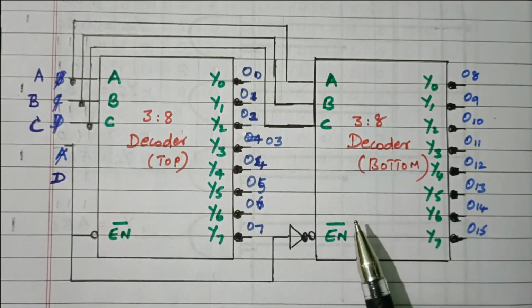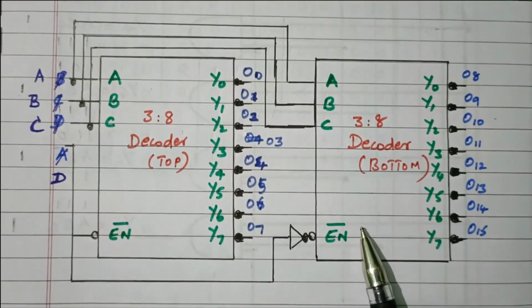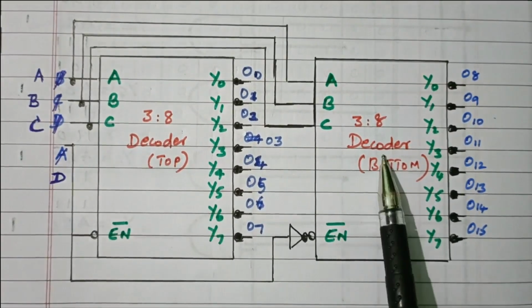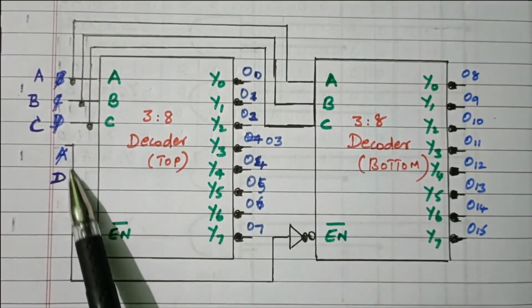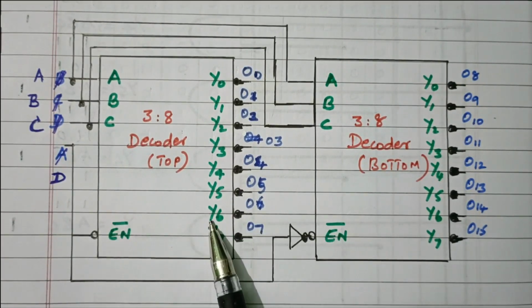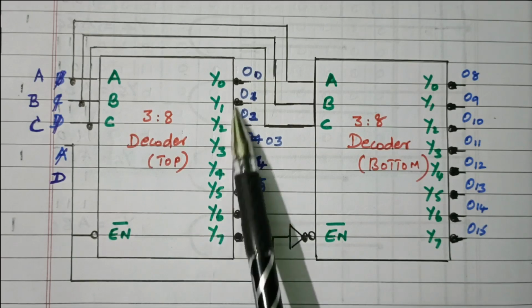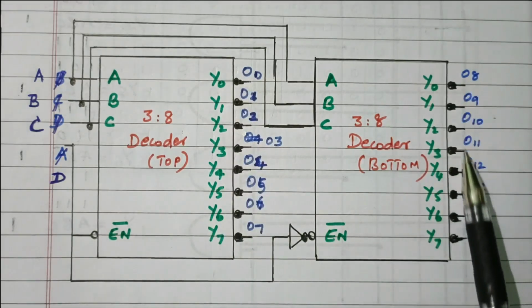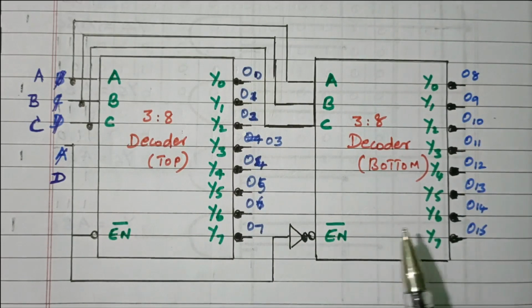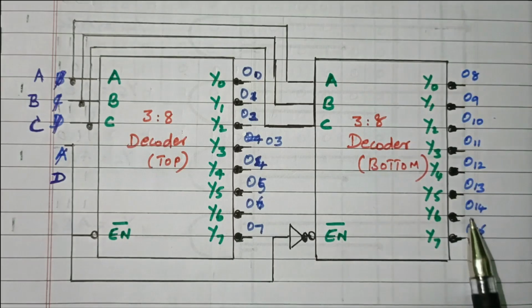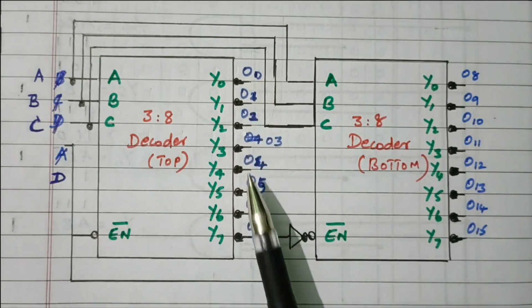Out of 4 inputs, we use 3 inputs for the two decoders, and the 4th input enables the top and bottom decoders, so that we get output from one decoder at a time while the output of the other decoder is 0.